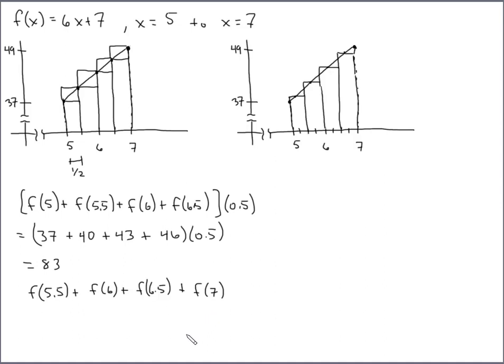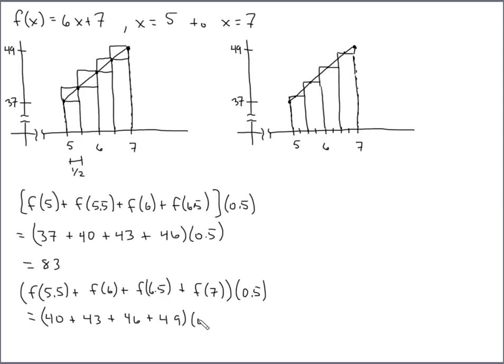We've already got 3 of these values, so let's just use the same ones. That's 40 plus f of 6 we said was 43, f of 6.5 was 46, and f of 7, if we plug 7 in there, that's 42 plus 7, that's 49, so plus 49. And I'm forgetting to multiply all this by 1/2. I need to do that too because that's the width.